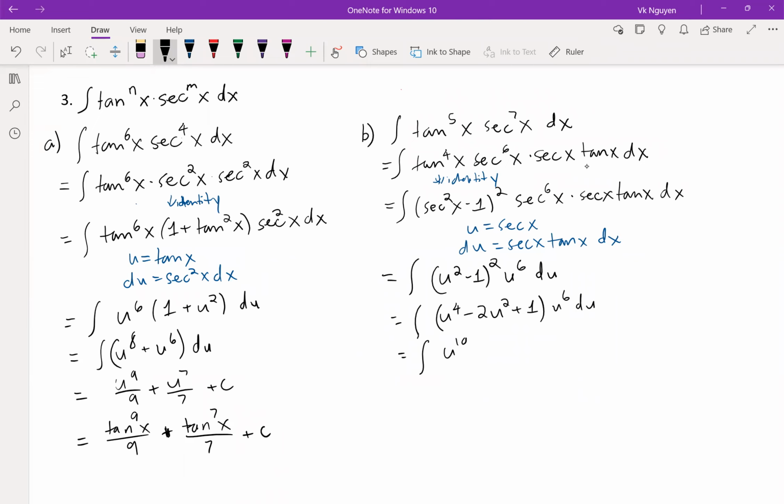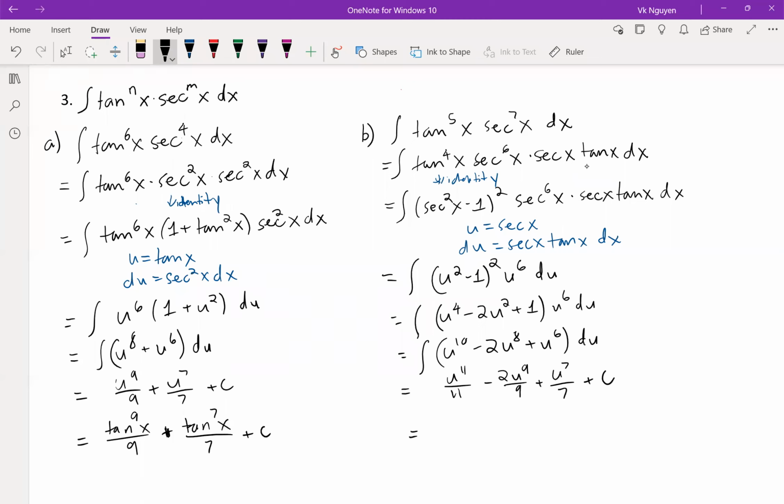Integral u to the 10 minus 2u to the 8 plus u to the 6 du, and the antiderivative is u to the 11 over 11 minus 2u to the 9 over 9 plus u to the 7 over 7 plus c.